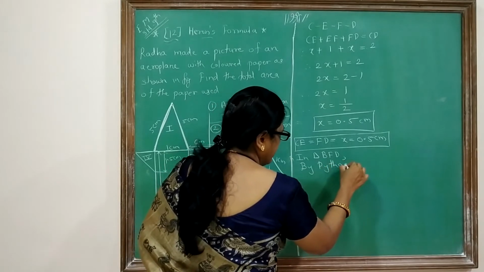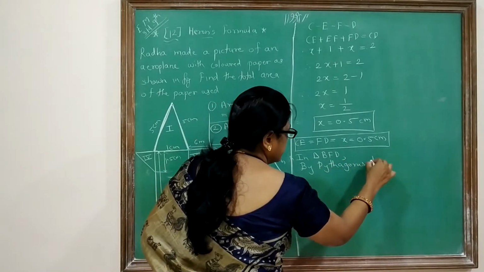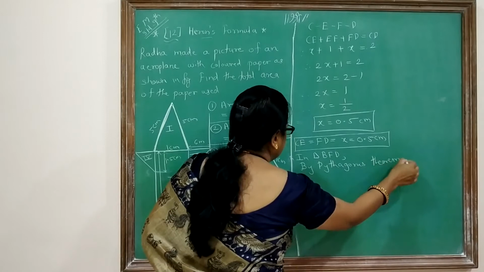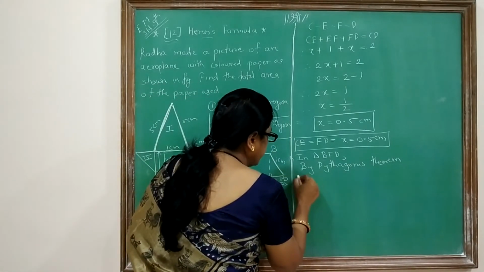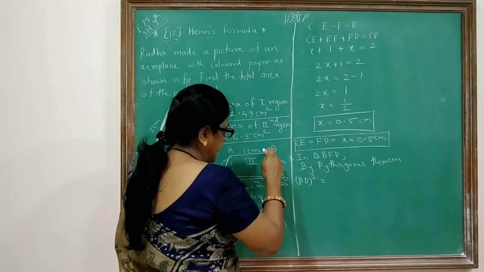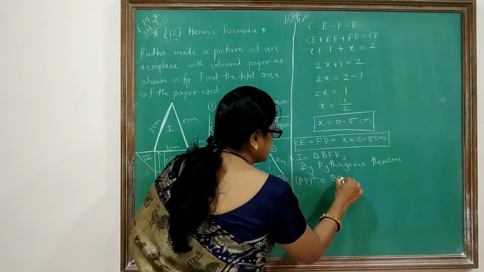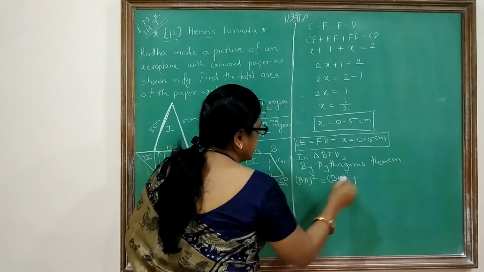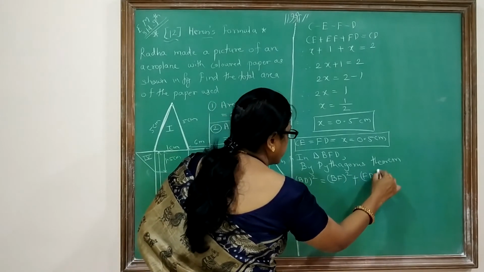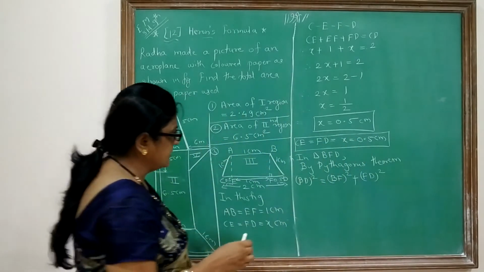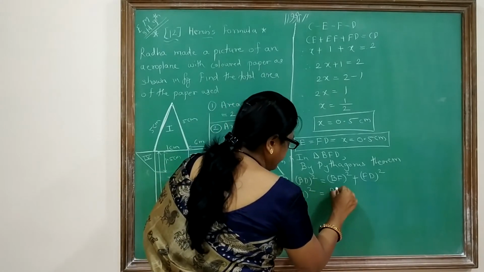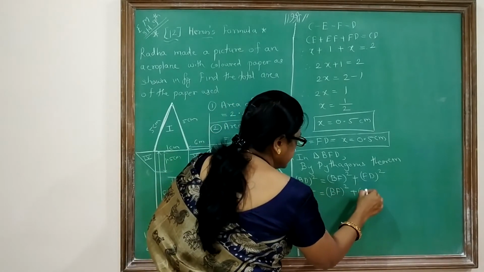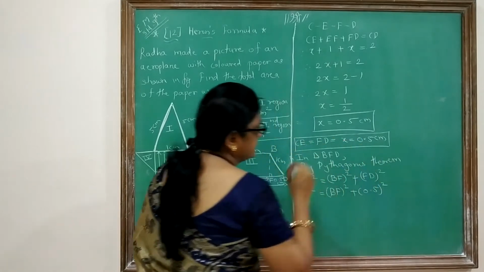What is your Pythagoras theorem? Hypotenuse square, that is BD square, equal to height square, that is BF square, plus base square, that is FD whole square. Then put the values. Means here 1 square equal to BF whole square plus 0.5 whole square.